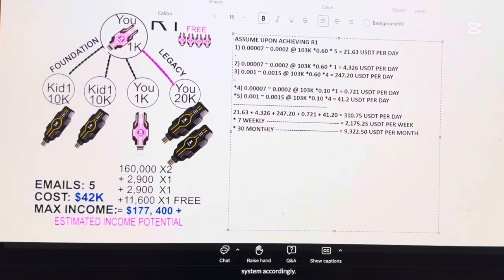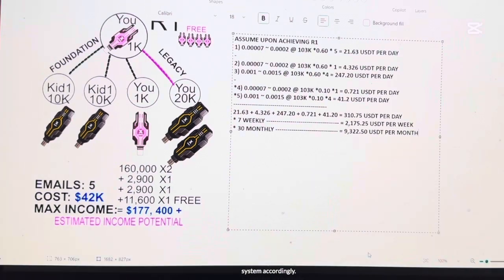I have a question on that. If somebody brings 40K, how long is it going to bring in income like 9,000 a month? Until you reach the 177 max income on all of those five. It says there.